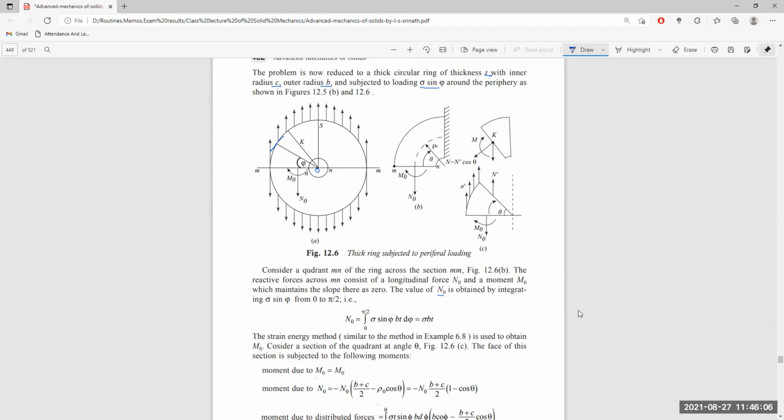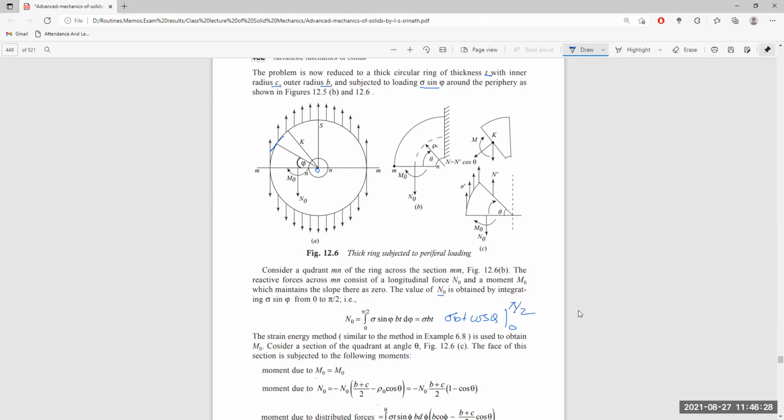So if we put this angle and make the integration, and put in the limits, the result will be sigma bt into cos phi from 0 to pi by 2.